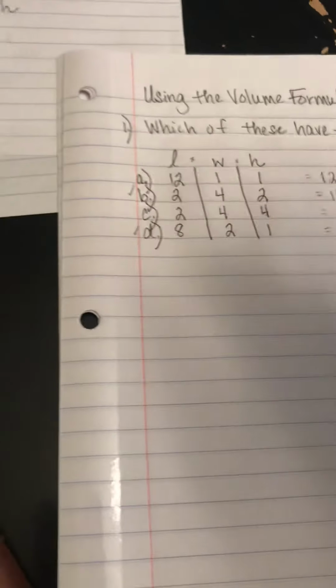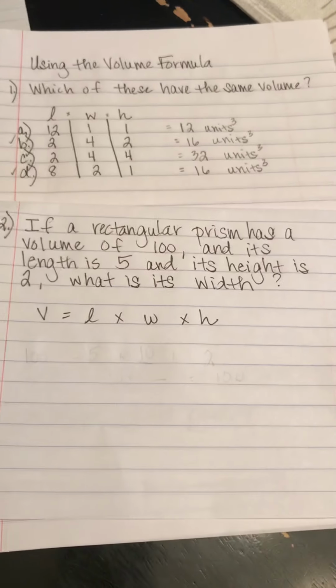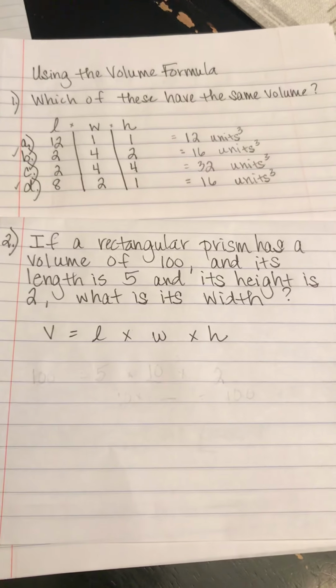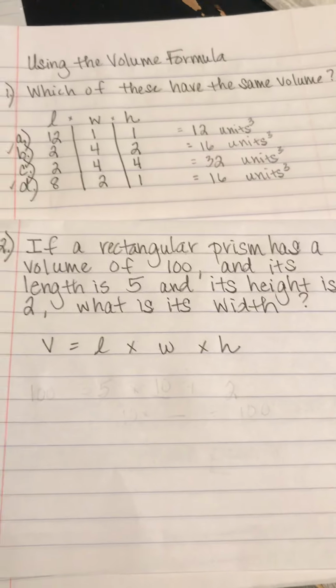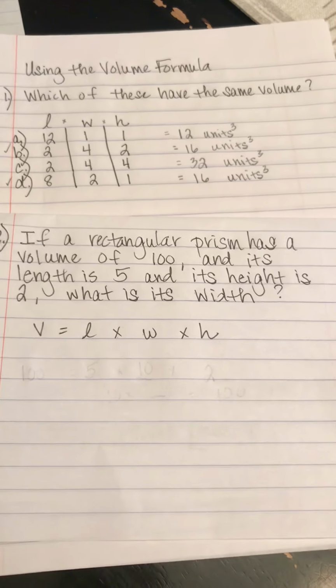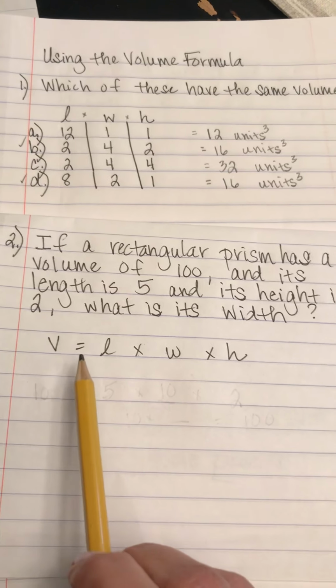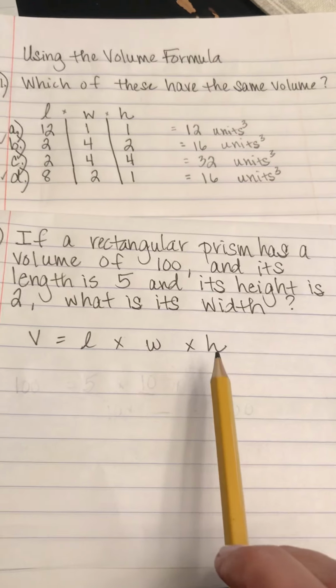Okay, let's take a look at number 2. It says if a rectangular prism has a volume of 100 and its length is 5 and its height is 2, what is its width? So let's recall that our volume formula is volume equals length times width times height.